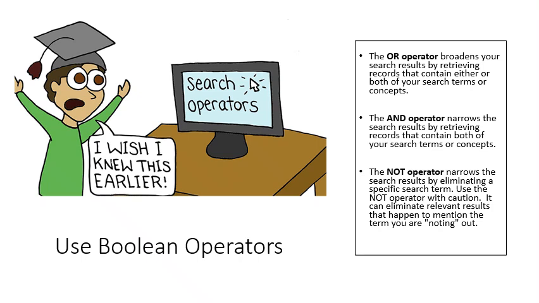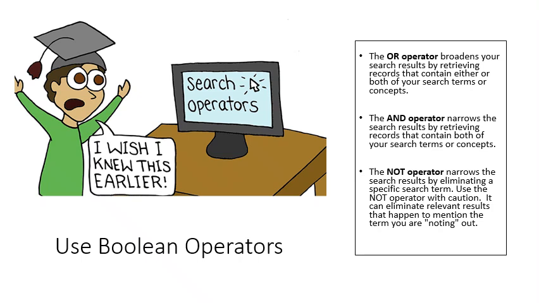So if you're using the OR operator, which really means you're just typing in the word OR between terms, this will broaden your search results because it will give you results that contain both terms. And on the other hand, AND will narrow your search results because it will only show you results that contain both words.